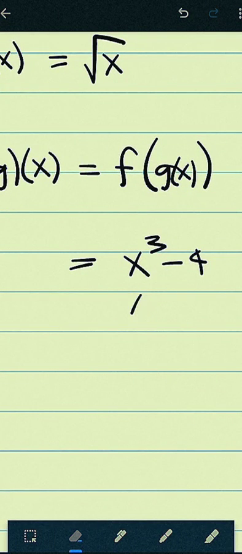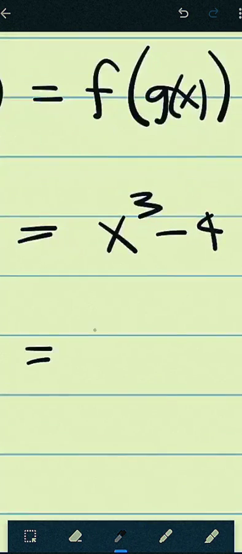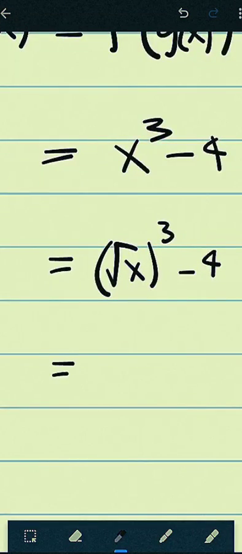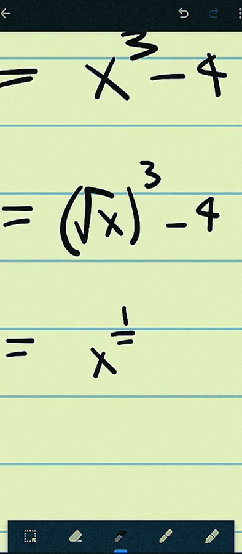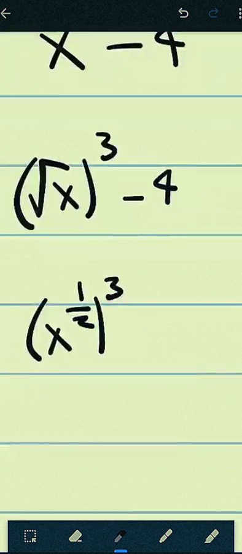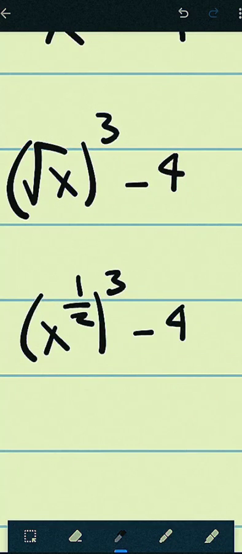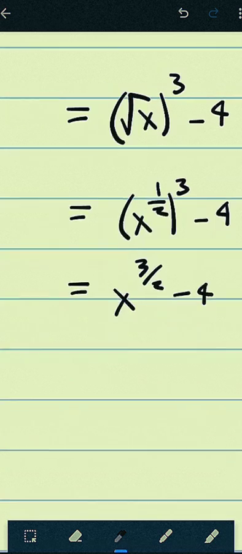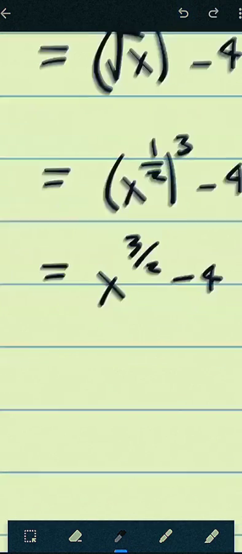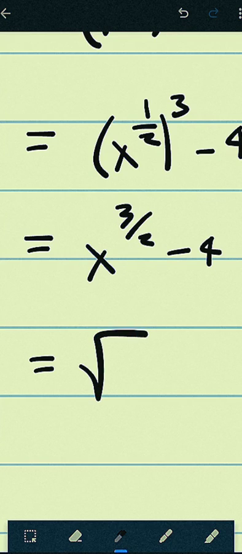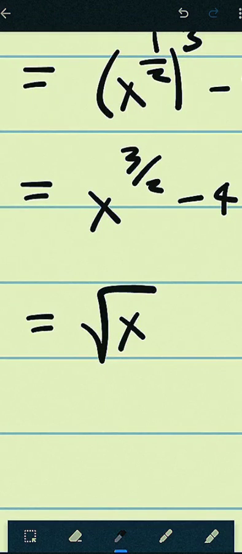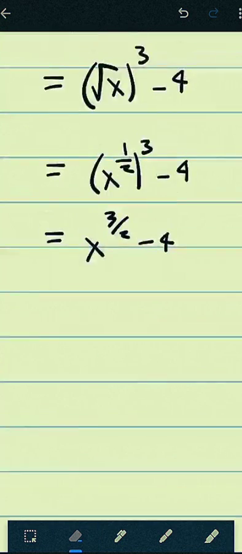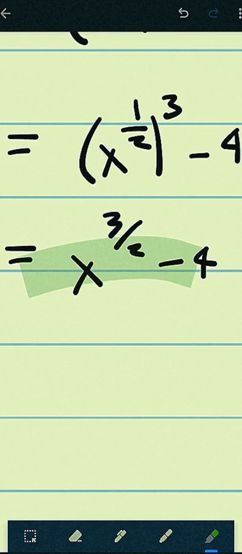So it will become square root of x, cubed, minus 4. Since square root of x is equal to x to the 1/2 and then raised to the third power, it will become x to the 3/2 minus 4. This could be the final answer, or it could also be square root of x raised to the cube. Or if you want, you can leave it as is.